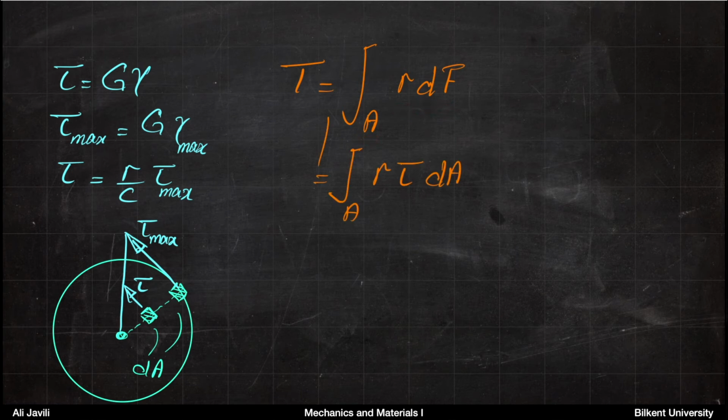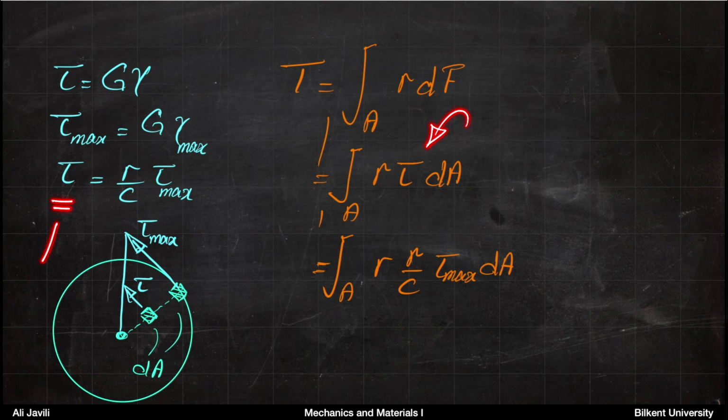And then again, we remember that shear stress is shear force divided by area. So shear force dF would be tau dA, which we will use here. And then for tau, that is shear stress, now we use the relationship that we derived before.